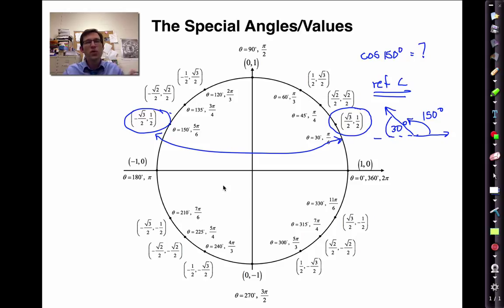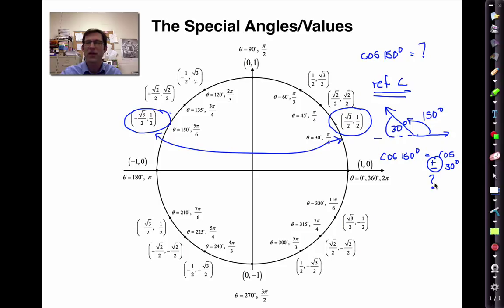It's this beautiful symmetry of the circle. So the thing that's important about reference angles is that reference angles and the angles that they come from will have the same sine and cosine. They'll just differ by a plus or a minus. So I know that the cosine of 150 and the cosine of 30 are more or less the same, but there may be a plus or a minus.